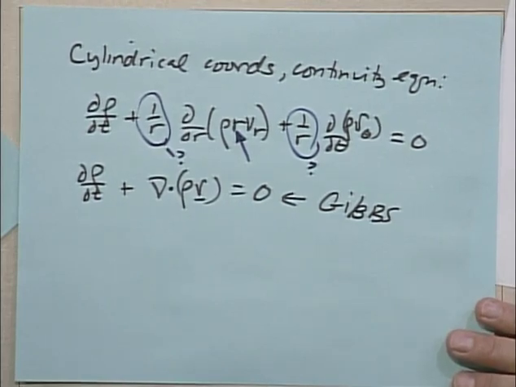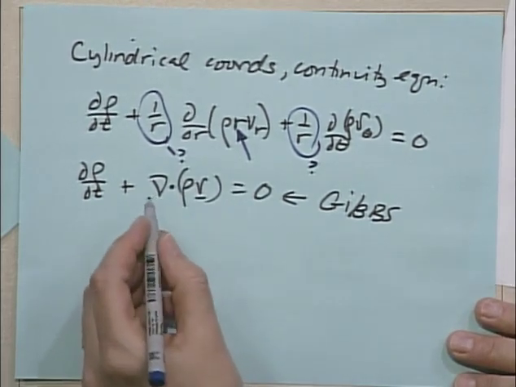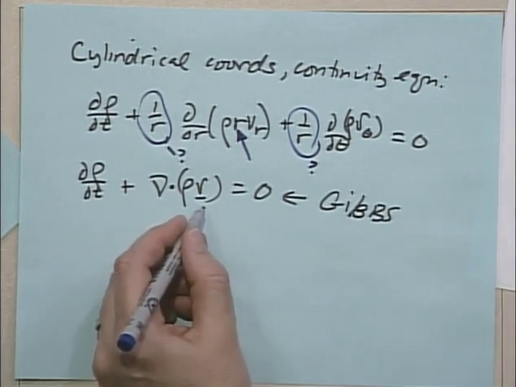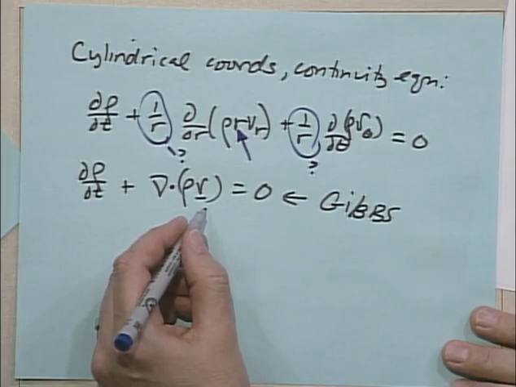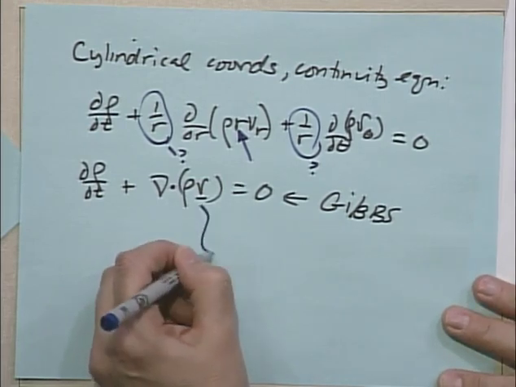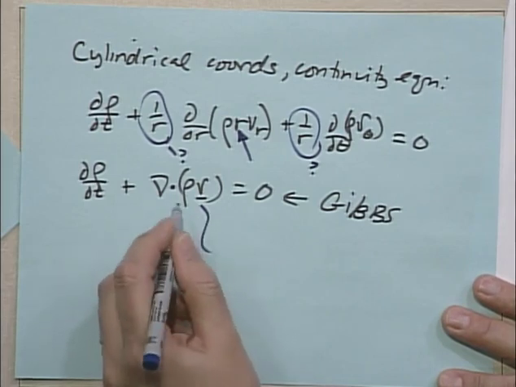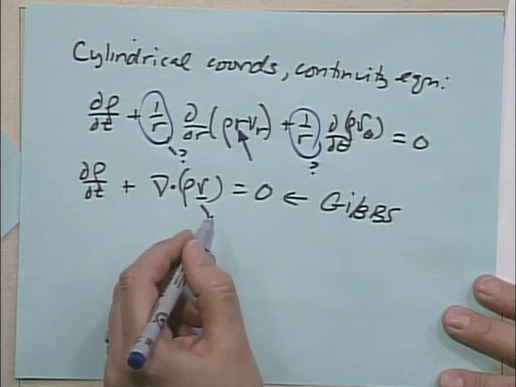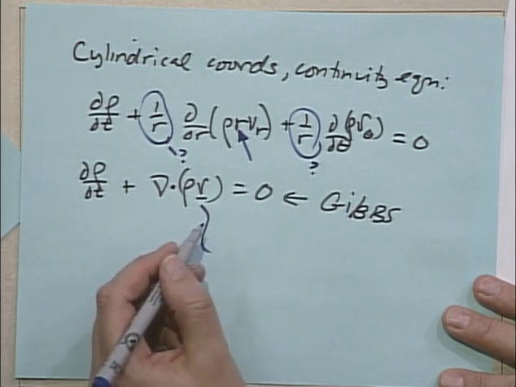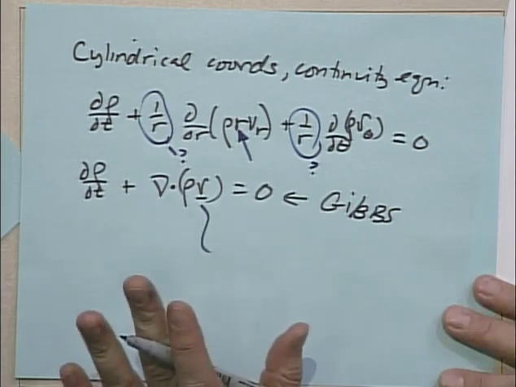The answer is, when you put this del operator on this vector in Cartesian coordinates, everything was fine, because ex, ey, ez are constants, they just were not affected.